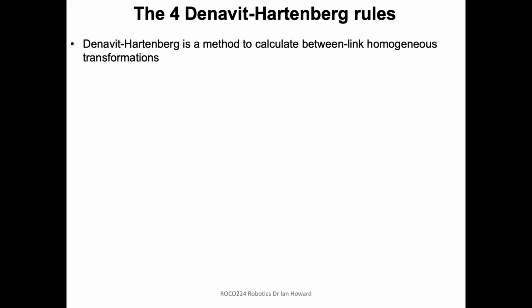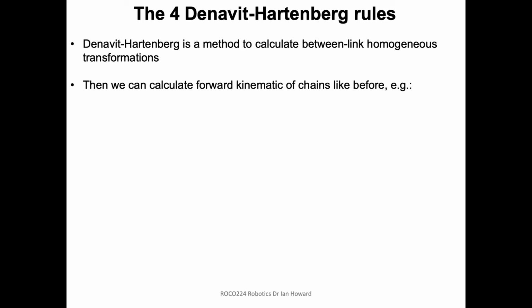So, the Denavit-Hartenberg rules. Basically, it's a way of calculating the homogeneous transformation that will take you between linkages. Having calculated these transformations, we end up with homogeneous transformations just like if we did it by hand, and because of that we can just build up overall kinematic chains just like we did before.